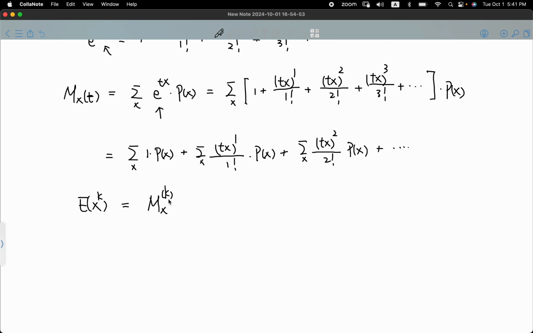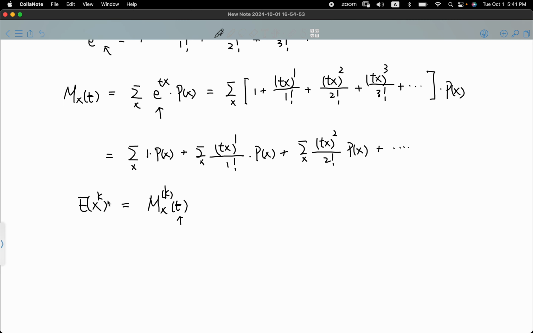So here I use a parenthesis for the superscript k to refer that you need to take the kth order derivative for this function. And again, this function is a function of t. So when you take the derivative, you always take the derivative with respect to t for this function. So you can see that in this expression, it's a function of t. So when you take the kth order derivative, you always take the derivative with respect to t.